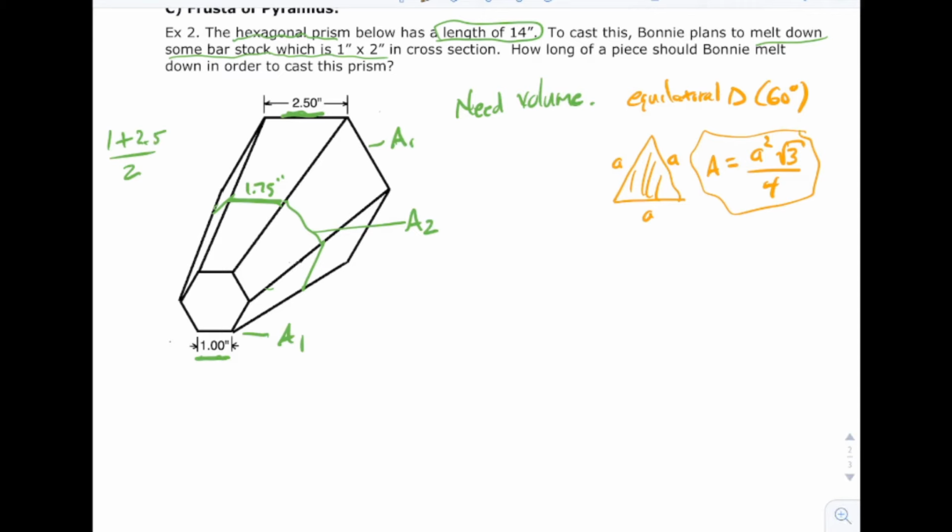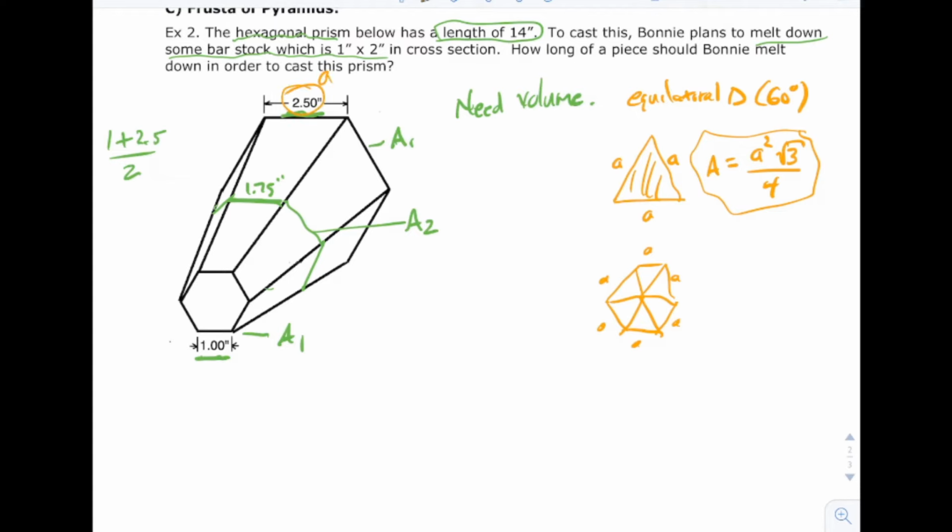Why does that help us? Because a hexagon is made up out of 6 of these things put together. Right? That's what a hexagon is. It's 6 of these equilateral triangles. And notice the a would be the dimension along the edge, like this is an a right here.